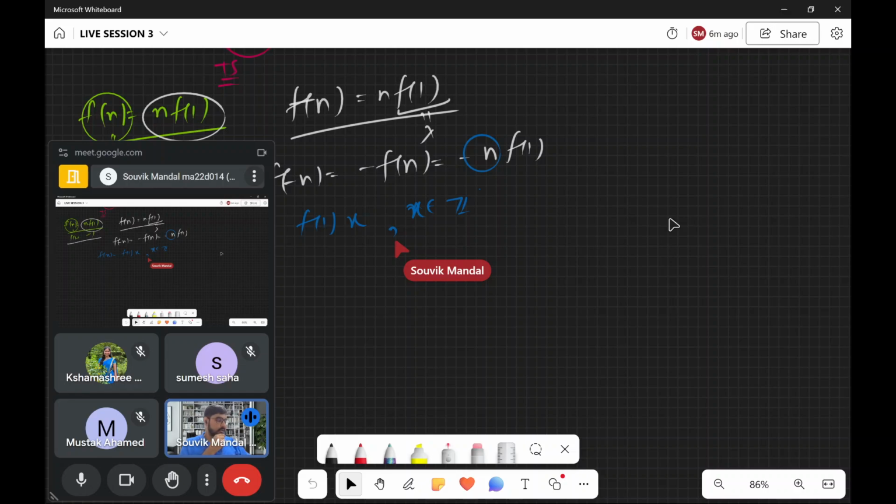So for rational numbers, what do we need to take? x equal to p by q, and of course you can assume q is greater than 0 without loss of generality.